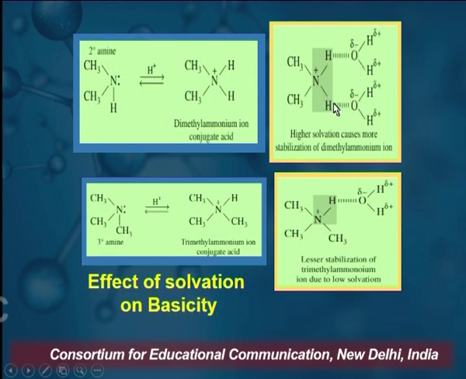So, this ammonium ion will be more stabilized in case of secondary amine as compared to tertiary. As a result, secondary amine will be more basic than tertiary. So, basicity of secondary amine is more than tertiary amine because of higher solvation in case of secondary amine.